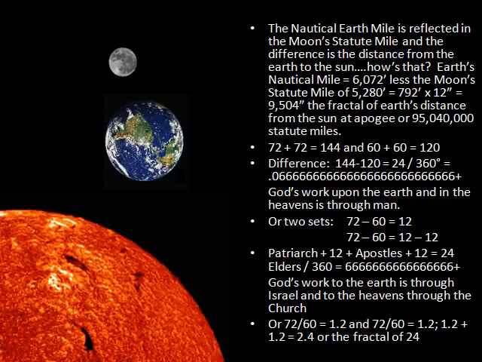72 plus 72 is equal to 144, and 60 plus 60 on the Earth is equal to 120. The difference between 144 minus 120 is equal to 24. Divided by 360 degrees is equal to 6 into infinity.